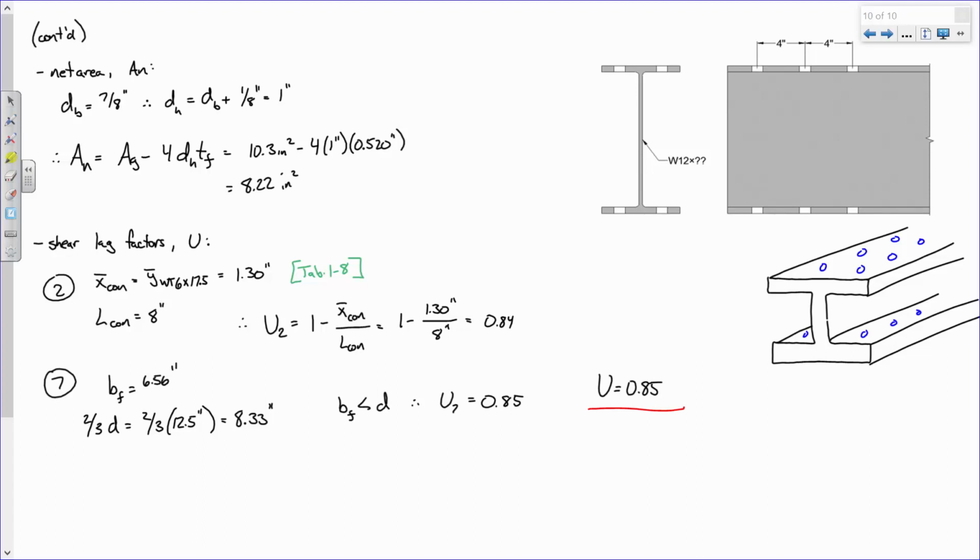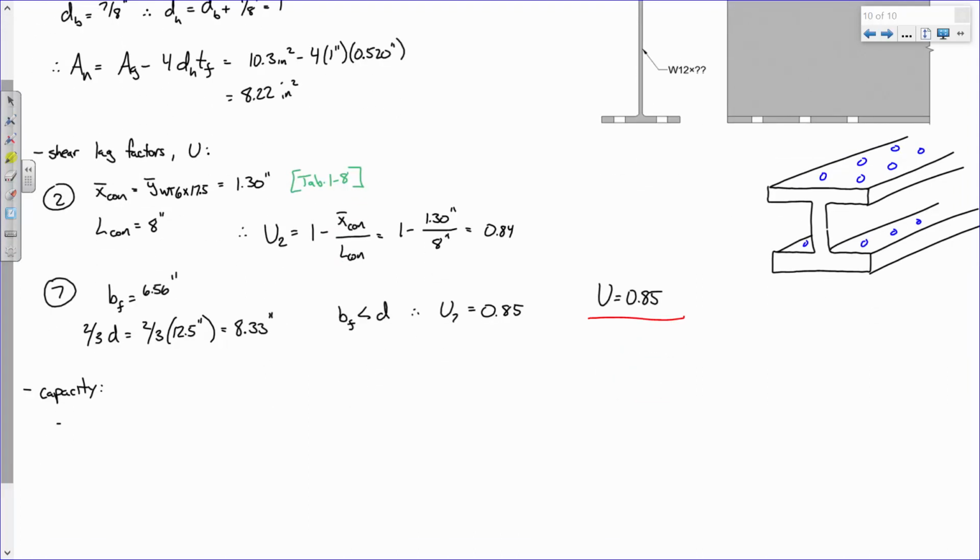All right. I want to finish this. Let's just power through this real quick. So capacity, because this isn't going to take long. We have two capacities.